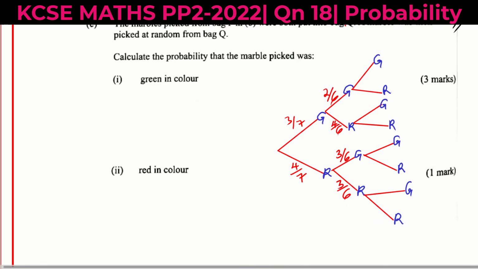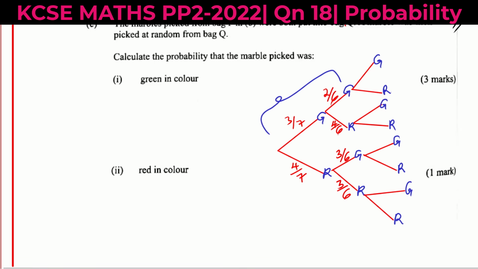So those are the 2 marbles that are being put into bag Q. Then the last one represents bag Q, which will now have the total number of marbles: 2 marbles from P, and then the ones that are in Q.